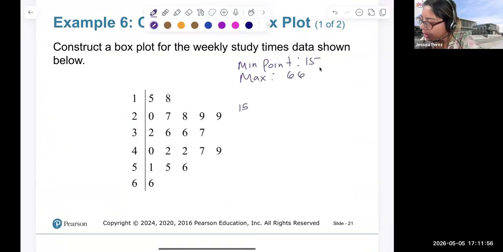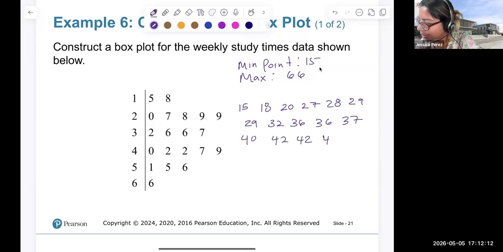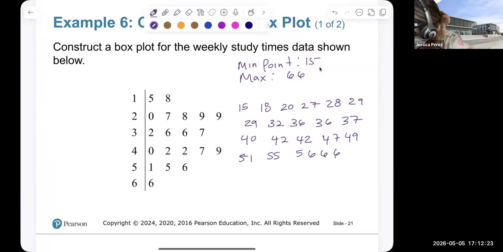So I'm listing them: 15, 18, 20, 27, 28, 29, 29, 32, 36, 36, 37, 40, 42, 42, 47, 49, 51, 55, 56, 66. That's 20. So N is 20.